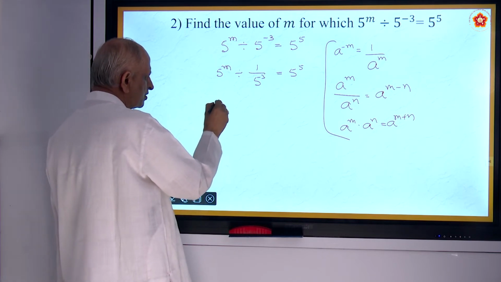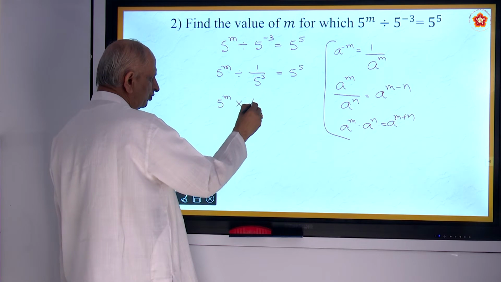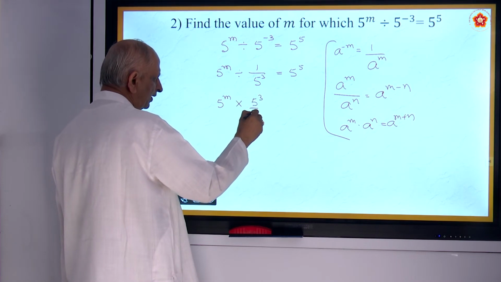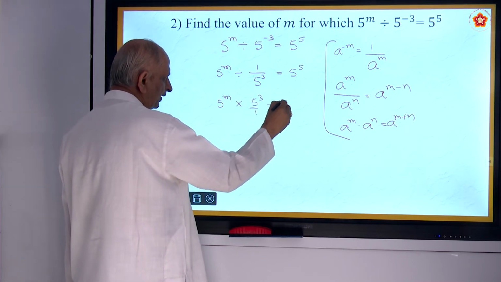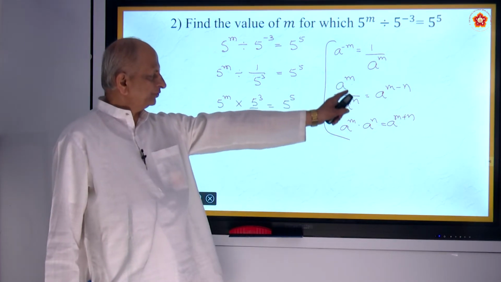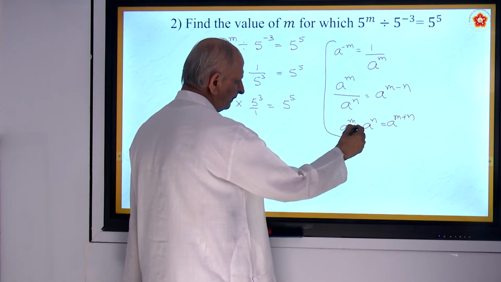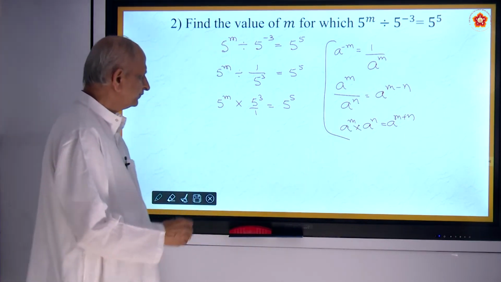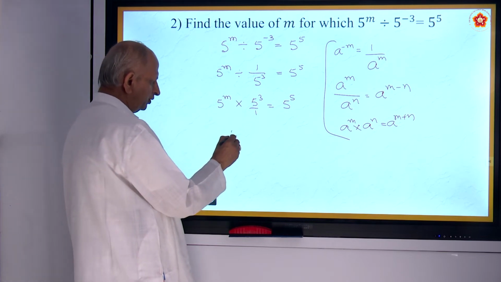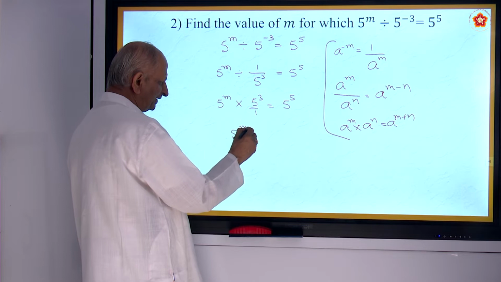Second law, this becomes into, correct? 5 cube by 1 is equal to 5 to the power of 5. Come on, use this law. What is that law? A to the power of m into a to the power of n. So into is there. So 5 to the power of m plus 3 it becomes.